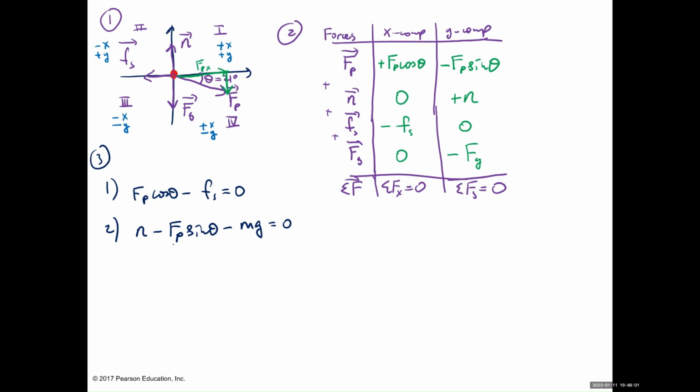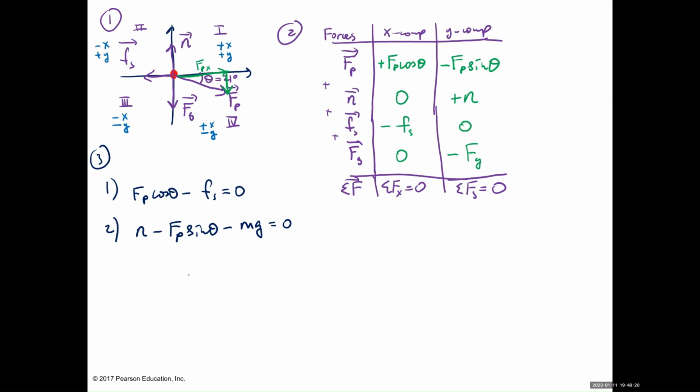Now, what I have from here is that both of my equations end up with a 0, because we are still looking at the equilibrium position.